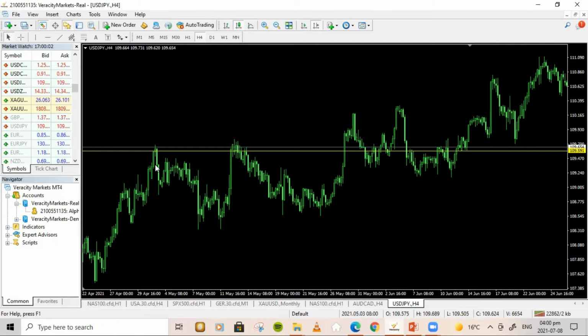So you will realize here that this line was your resistance. It was resisting the market from going above this point. Even here, although you see there were a bit of false breakouts, it was resisting the market from going above that point.